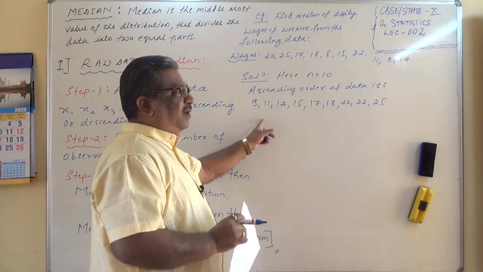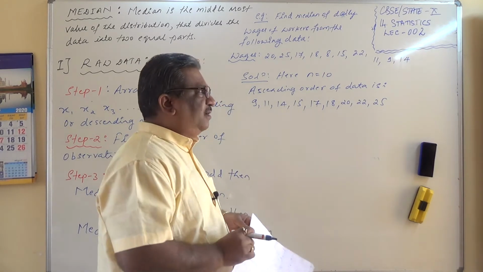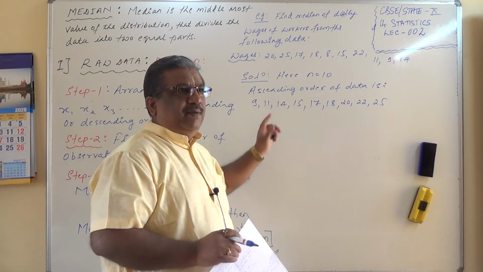And after writing this one, ensure that you check once again, count and check once again the total number of observations, because there could be a possibility of errors or making a mistake.